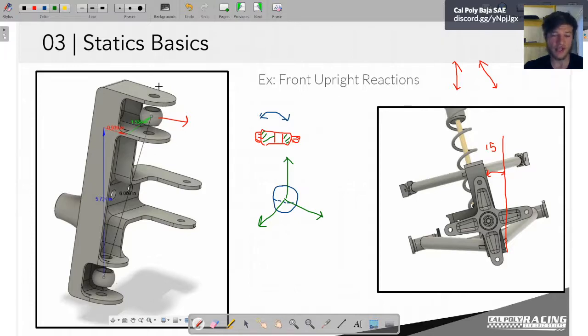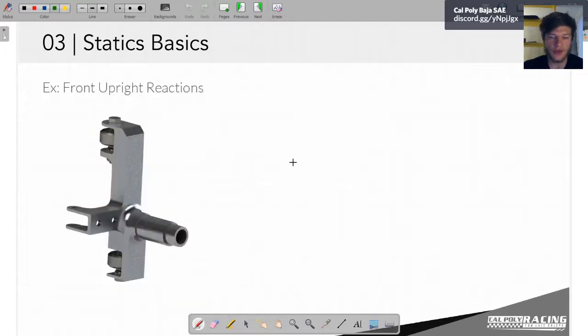Since each of those has 3 unknowns, that's 6 unknowns. And since we're working in 3 dimensions, we have 6 equations. So let's try and figure out how those separate themselves.